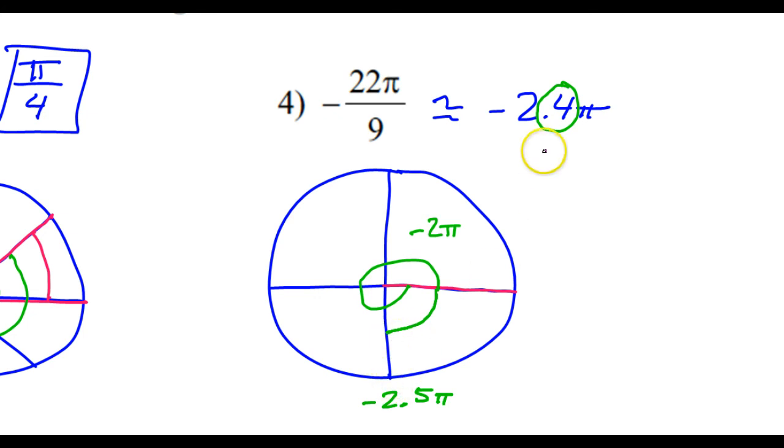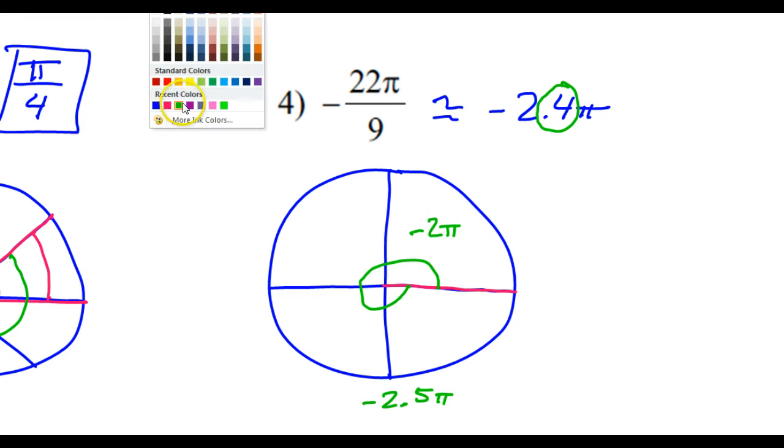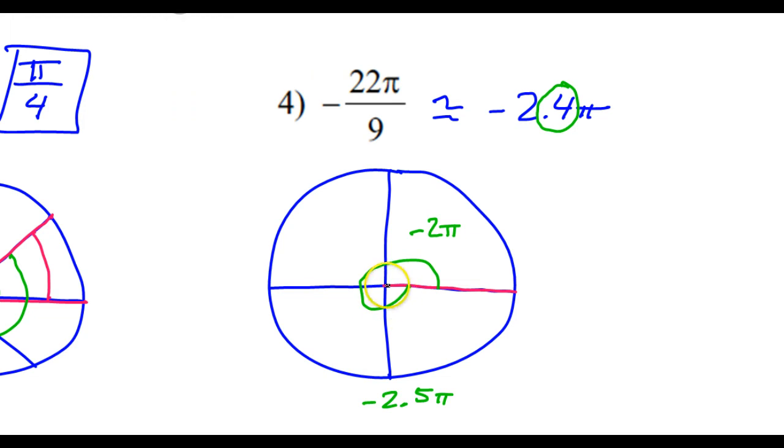And that would be too far, wouldn't it? Because I only want to go negative 2.4 pi, not negative 2.5 pi. So that means I'm going to be somewhere in this quadrant, since negative 2.5 is too far. So I'm going to draw the terminal side, not quite making it to negative 2.5.